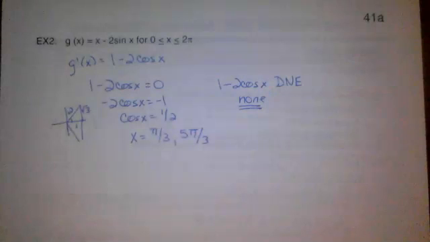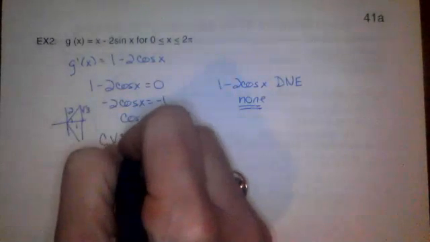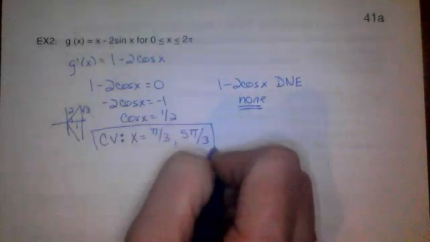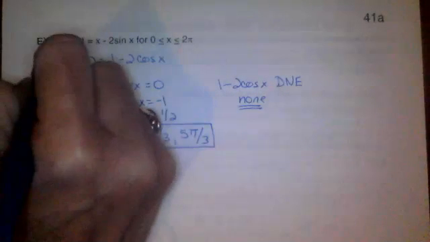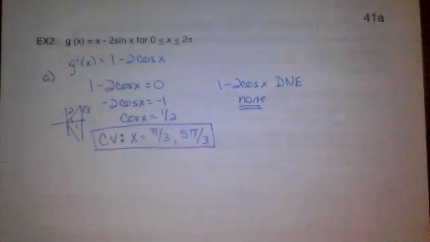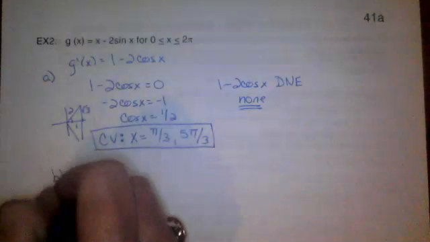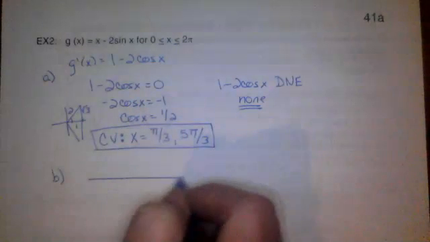There aren't any gaps or holes, and no vertical tangents like there were in the last one. So these are our critical values. There's our part A. All right, so for part B, we need to put those on our derivative number line.